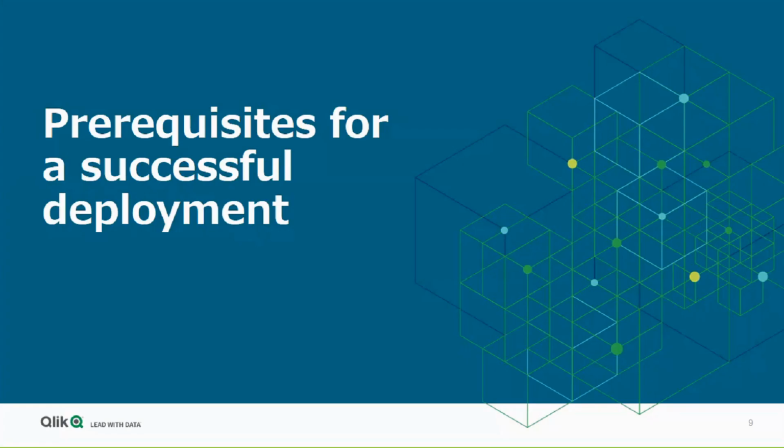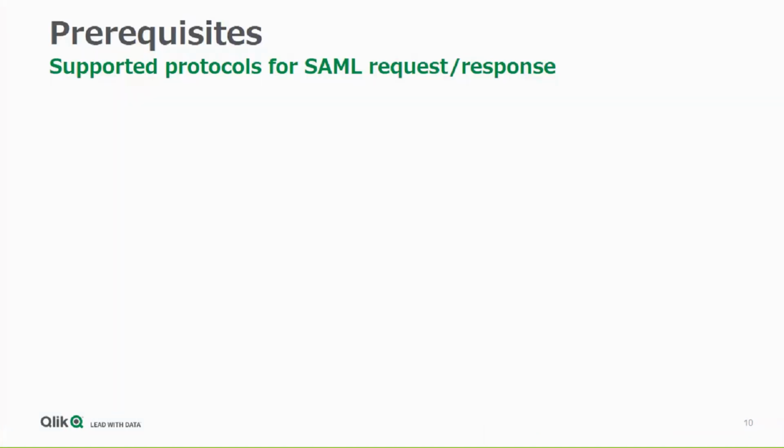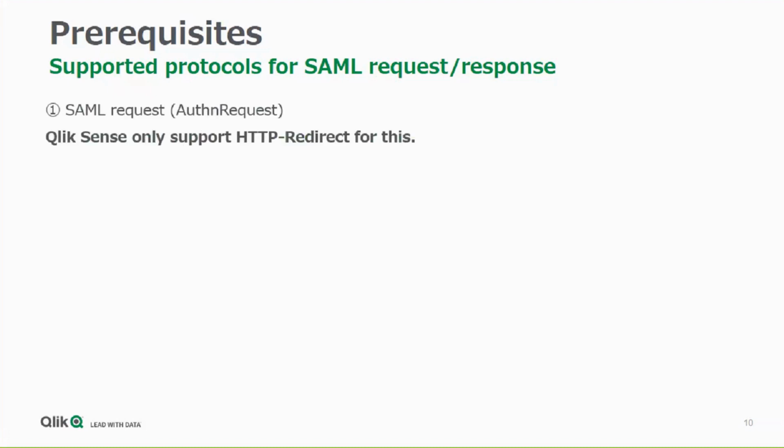The second part that we are going to go through is the prerequisites for successful deployment. First of all, we're going to talk about the supported protocols for SAML request and response. The SAML request is the request that the service provider sends to the identity provider.